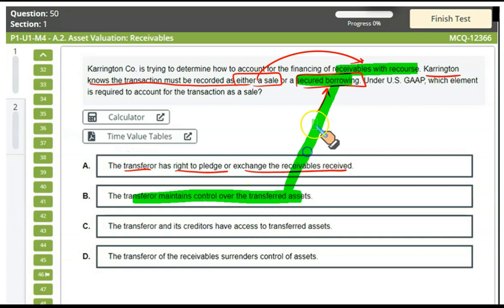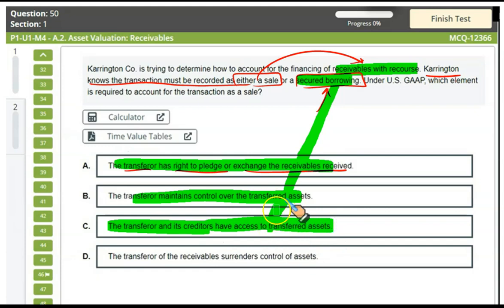It will still be considered as a secured borrowing. The transferor, that is you, and the creditor have the access to the transferred asset. You still have the access to your asset. So A, B, C reflect a secured borrowing because you have the control. You have the control to pledge, right? You have the access. All these represent that it is a secured borrowing.